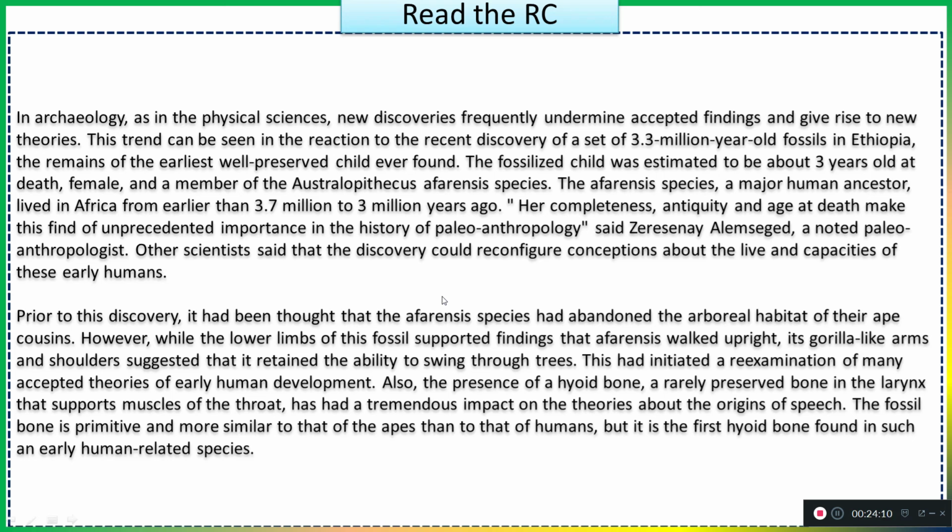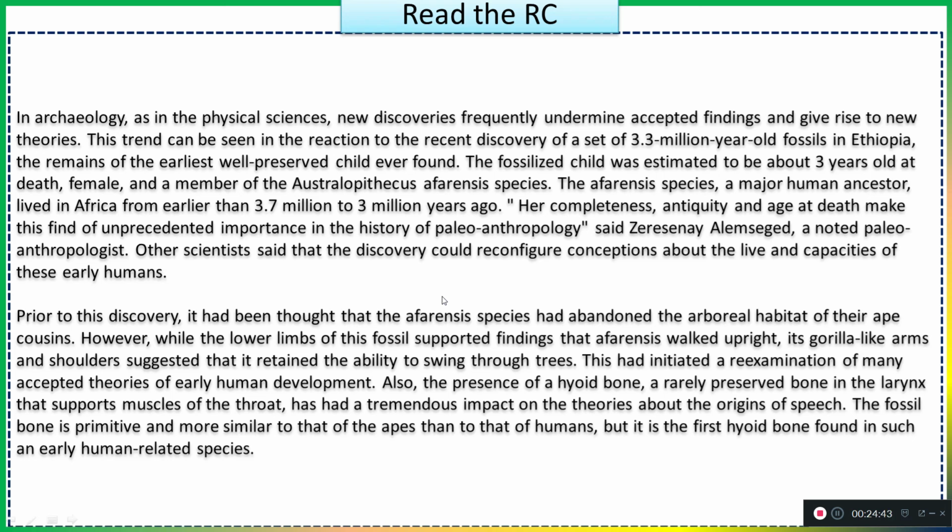The moment they have used the word however, that means it will change. They say that earlier it was thought that Afarensis species had abandoned the arboreal habitat of their ape cousins. That means they separated themselves from monkeys. However, this fossil says that the gorilla-like arms suggest that the ability to swing through the trees still remained in them. That means they probably did not leave the habitat of their ape cousins.